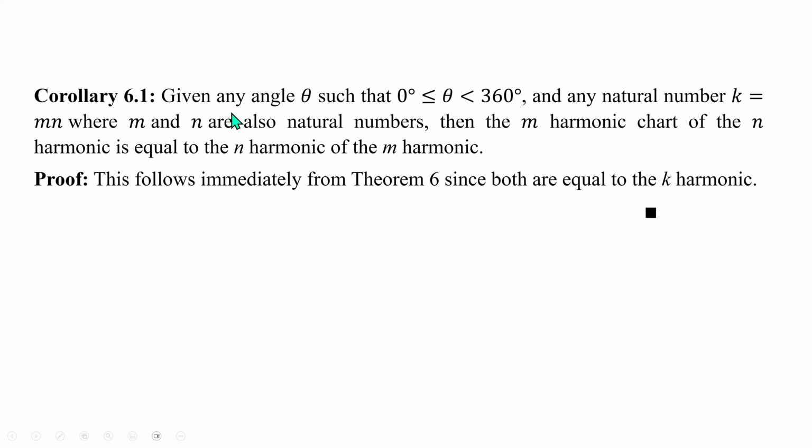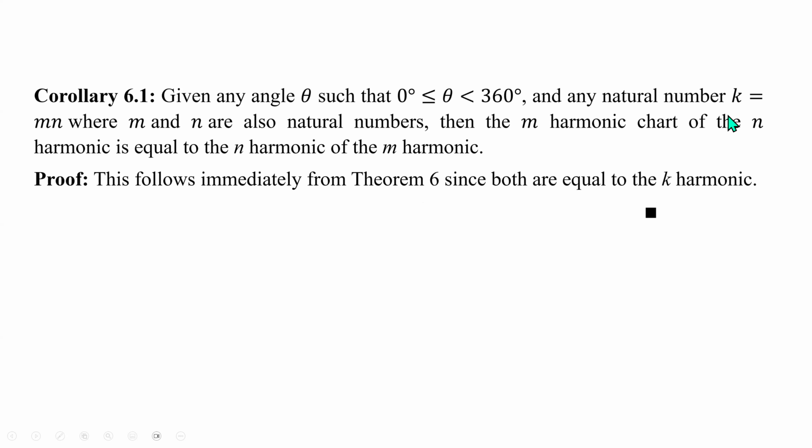I have a corollary here. Given any angle theta, such that 0 degrees is less than or equal to theta less than 360 degrees, and any natural number k equal to m times n, where m and n are also natural numbers, then the m harmonic chart of the n harmonic is equal to the n harmonic of the m harmonic. And this just follows immediately from Theorem 6, since both are equal to the k harmonic.